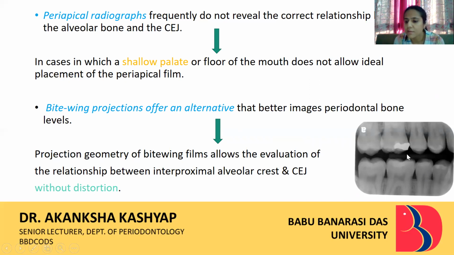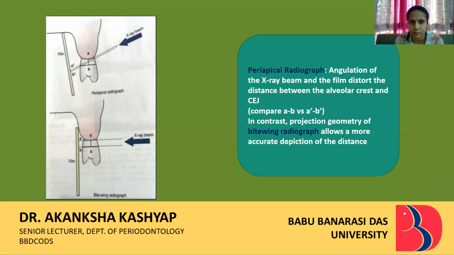For this, the film is placed behind the crown of the maxillary as well as the mandibular teeth. The X-ray beam is perpendicular to the long axis of the film, and the beam is passed through the contact areas. So this bite wing projection allows evaluation of the relationship between the alveolar bone and the CEJ without distortion.